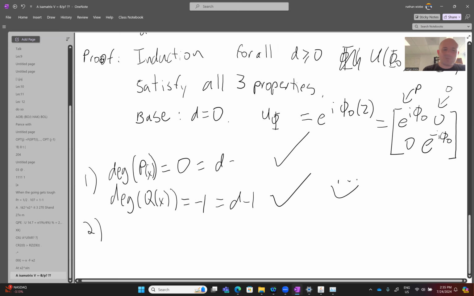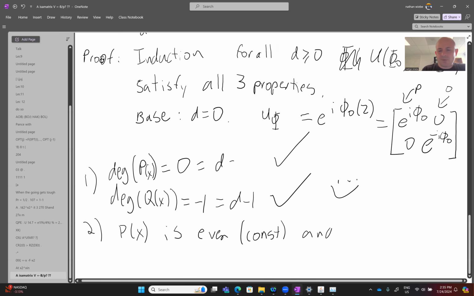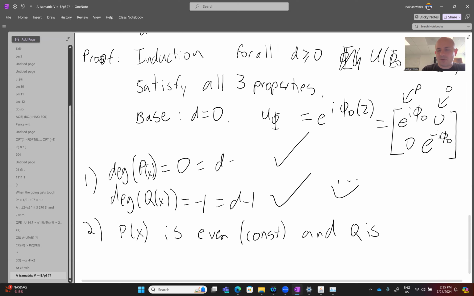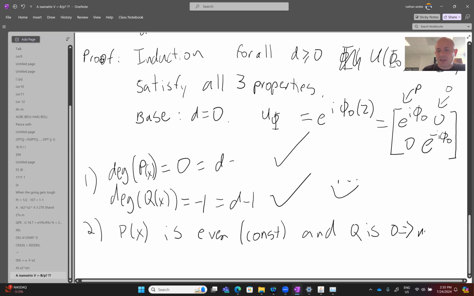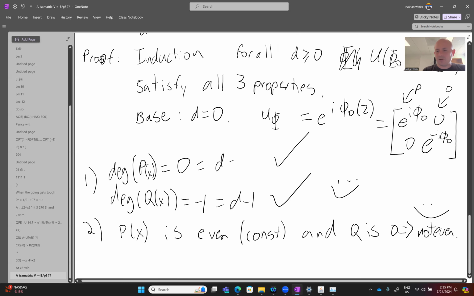Now, condition 2: we have that P(x) is even because it's a constant function. And Q is 0, which implies that it's not even. So therefore, we end up having a set that has definite parity coming out the other side. So this is good.